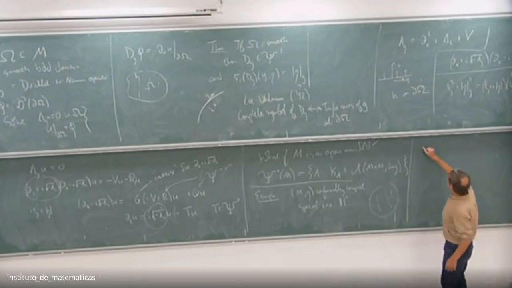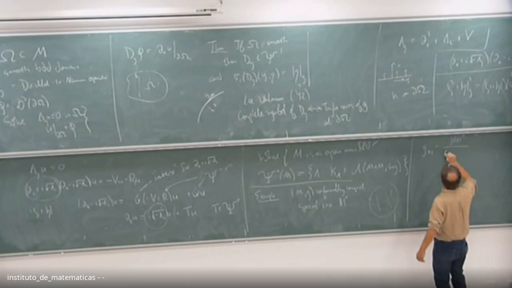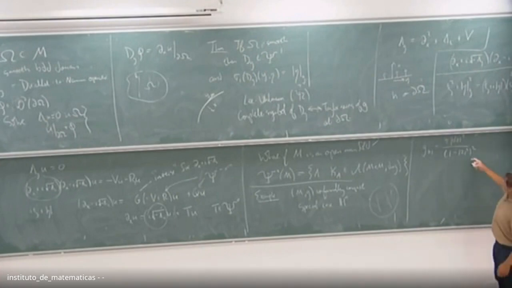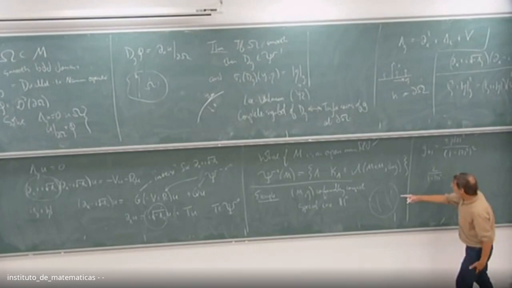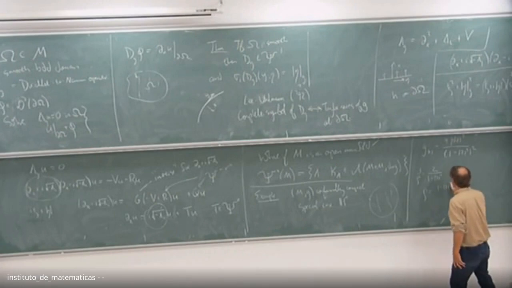So what is the hyperbolic metric on the ball? It looks like 4 dz squared over (1 minus mod z squared) squared. I guess there's a factor of 4 here to get the curvature minus 1. This function, 2 over 1 minus mod z squared, is a smooth function on the ball. I'm going to call this 1 over rho, so rho equals (1 minus mod z squared) over 2.